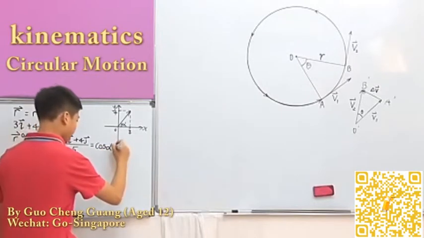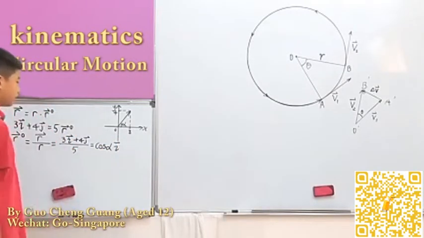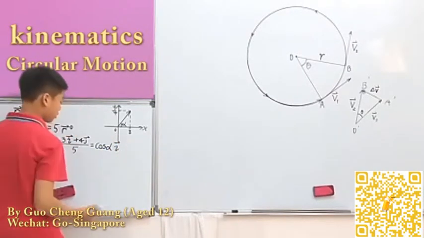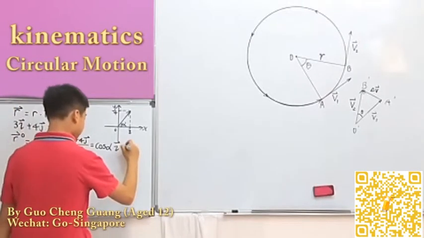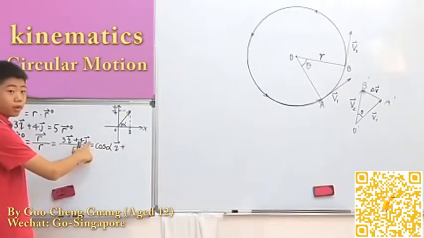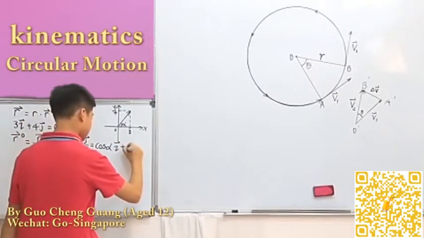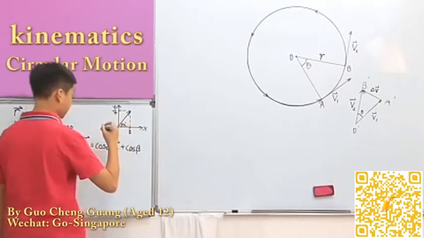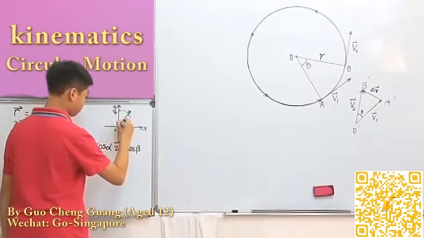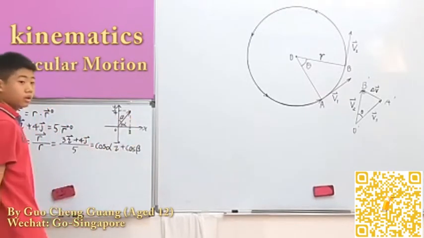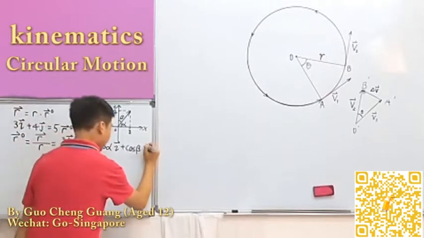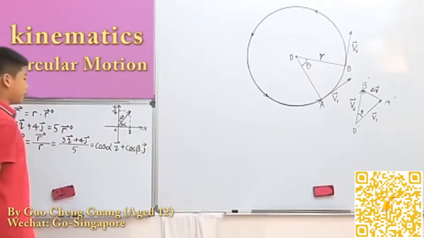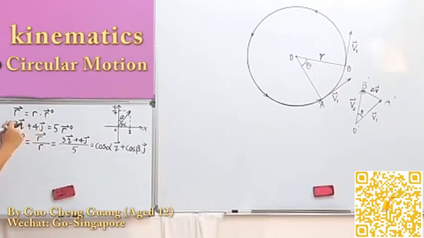Then, of course, here is the x-axis. Since you also have one that goes to the y-axis, we're just going to mark it with a beta from here. So that's what we have. And don't miss out that this is in the y direction, so the j vector that you have there.